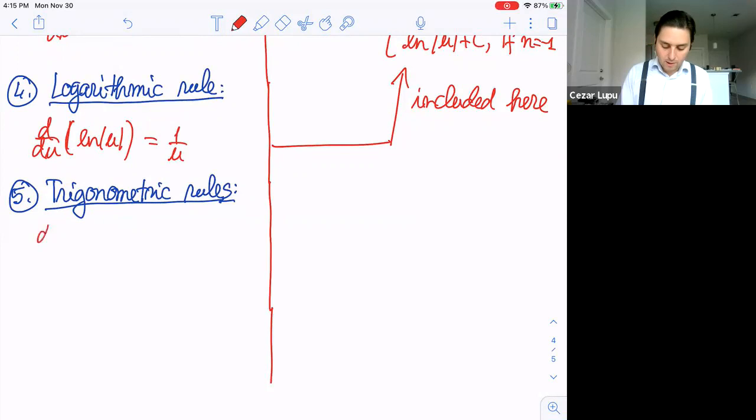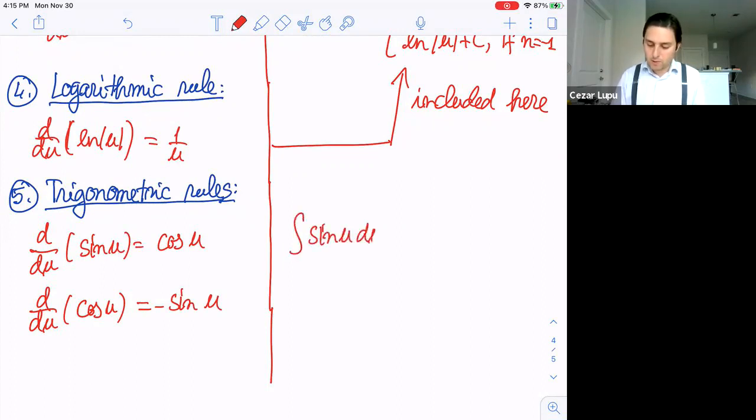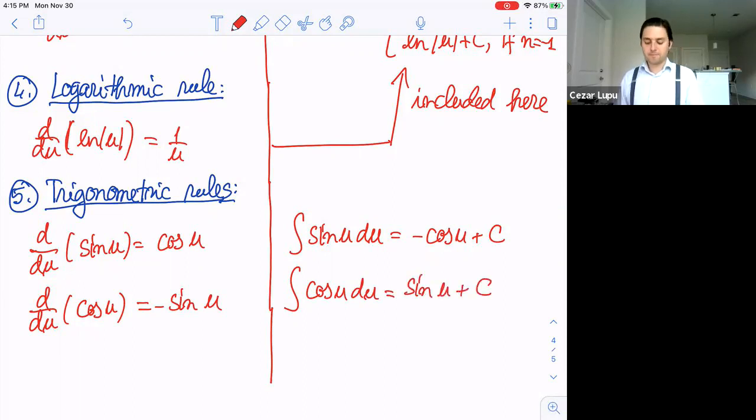So you will have that the derivative of sine of u is cosine of u, and the derivative of cosine of u is negative sine of u. And now for the integrals, so you'll have the integral of sine of u du is negative cosine of u plus c, and the integral of cosine of u du is nothing else than just sine of u plus the constant c.